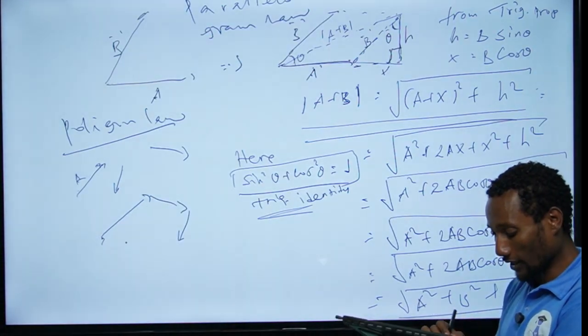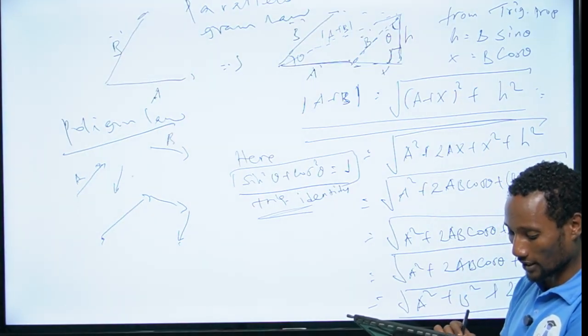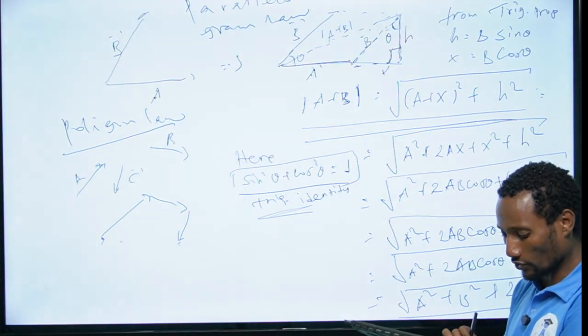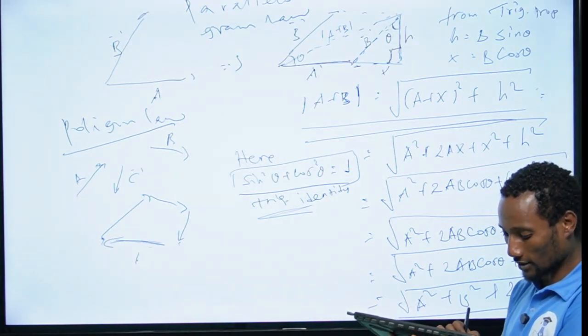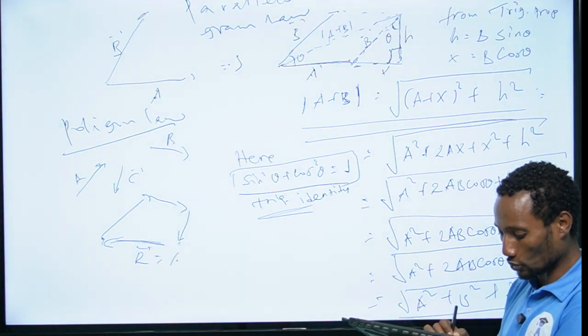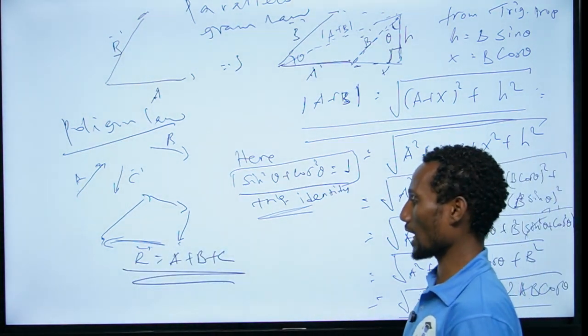Then the gap between these three vectors A, B, C is what we call the resultant. Here is the resultant, which is A plus B plus C.